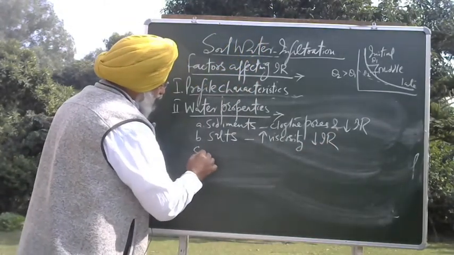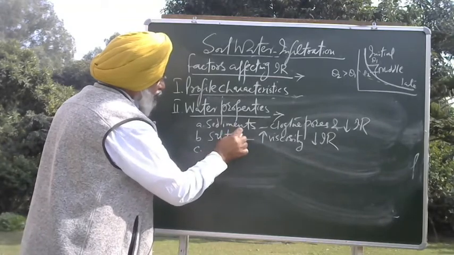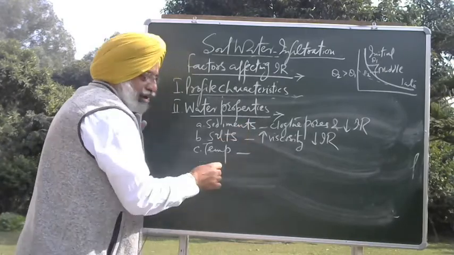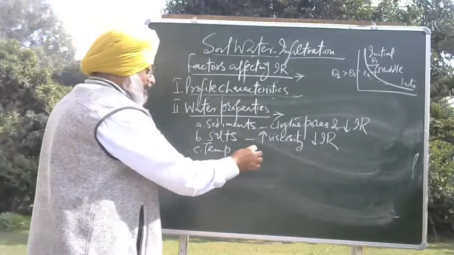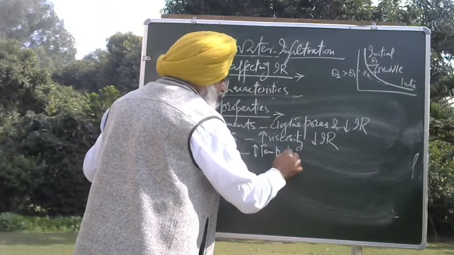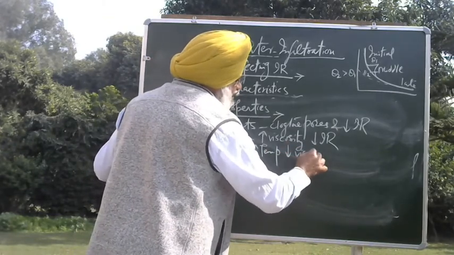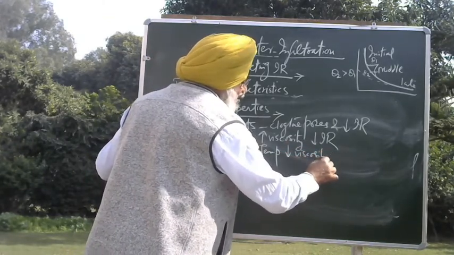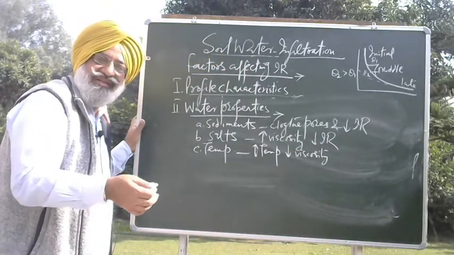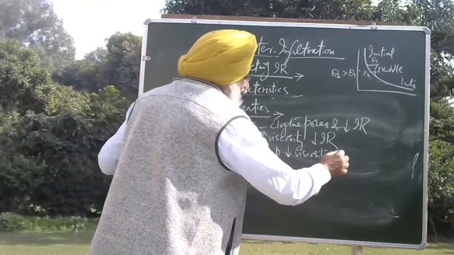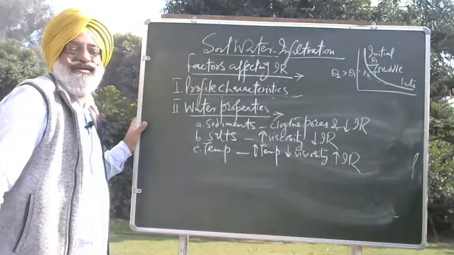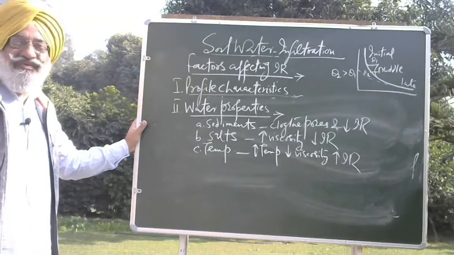Third will be the temperature of the water. Higher the temperature, it reduces viscosity, and if viscosity reduces, movement of water becomes faster, less viscous, so infiltration rate increases. This is how the properties of water affect it.